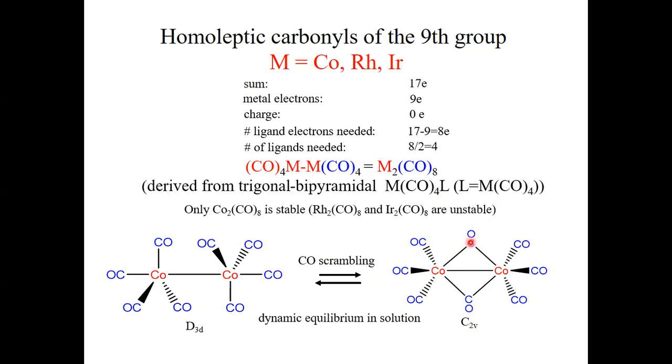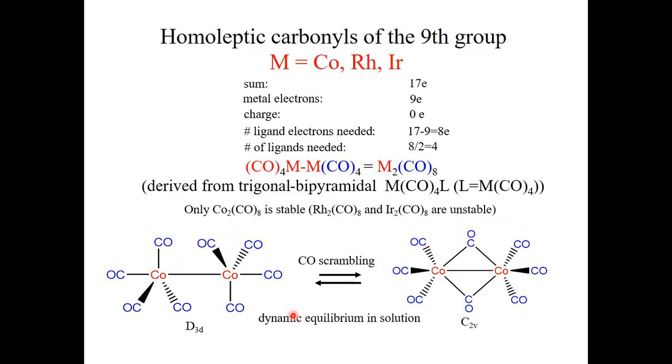So that actually increases the coordination number around the cobalt from 5 to 6, and this is the driving force for the stability of this structure here. So in solution, there's a dynamic equilibrium between these two, but in solid state, you even find this structure with the bridging carbonyl ligands exclusively.